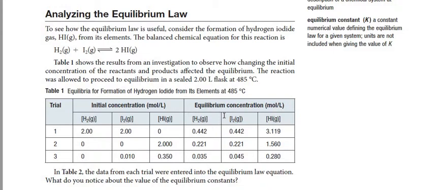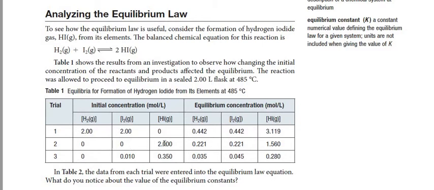So we have 3 trials, 3 experiments. We list the initial concentration of all of them: H2, I2, and HI. As you see here, for the first one, the initial concentrations of H2 and I2 are 2, and there is no HI at initial condition.